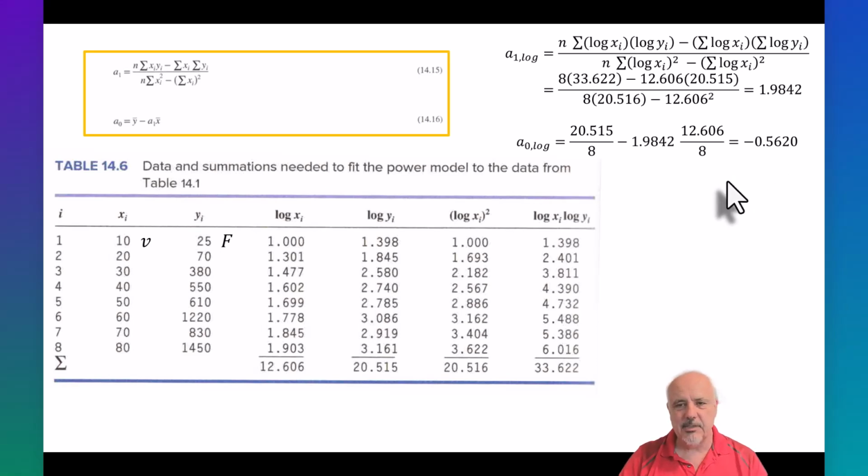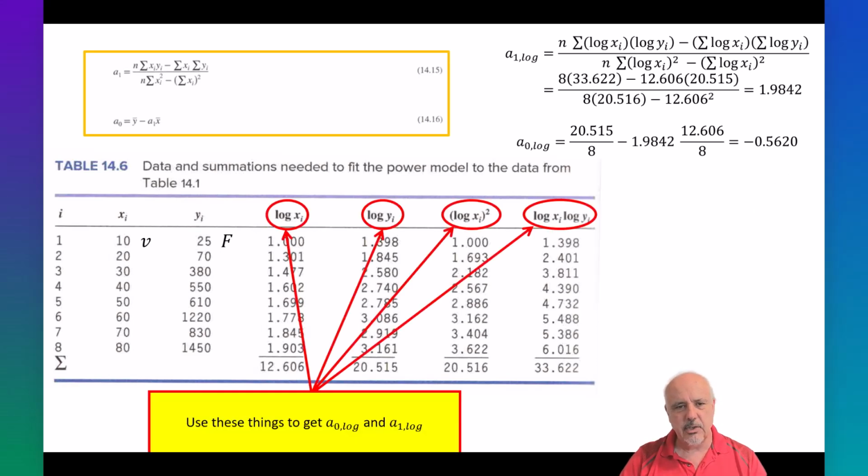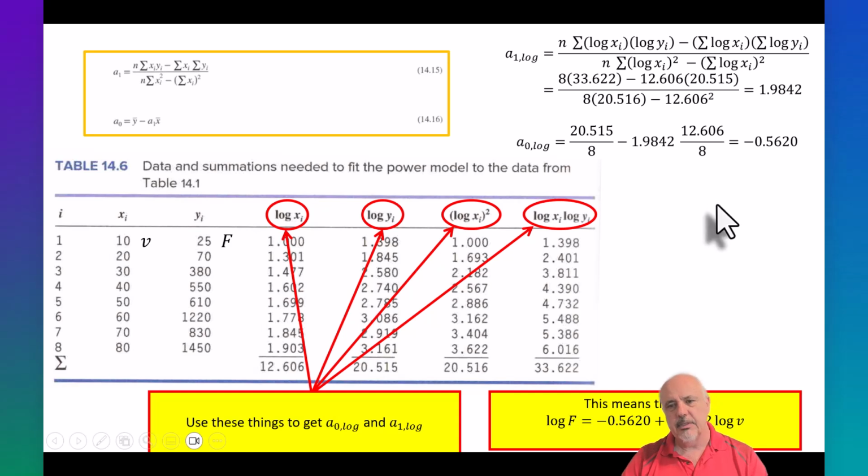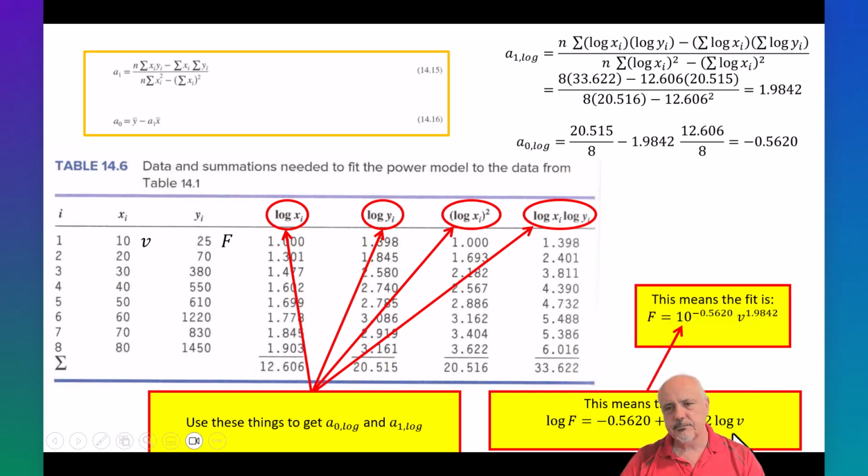Okay, so I think I got something. We've used these to get the a naught log and the a1 log. And this means that the fit is going to be log of f equal to that offset minus the beta 2, or the a1 log, times log of v.